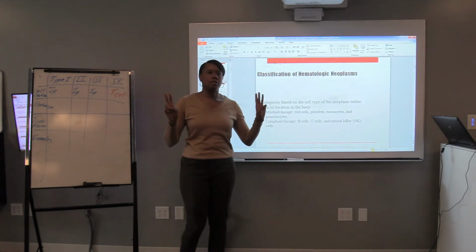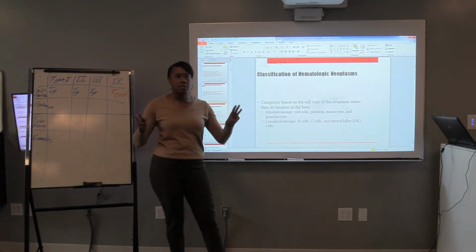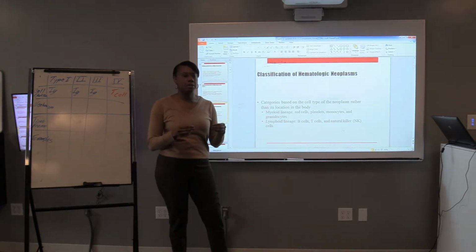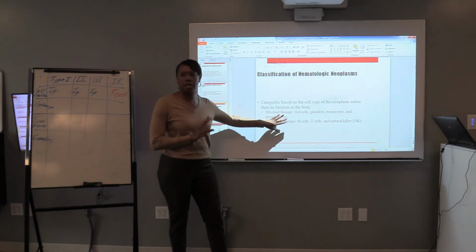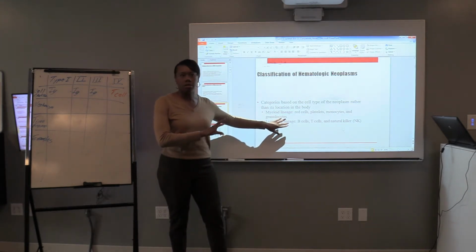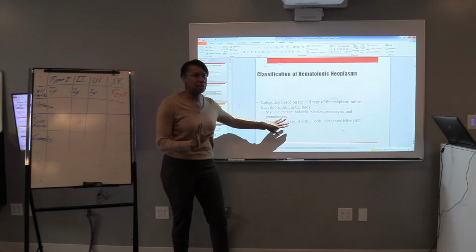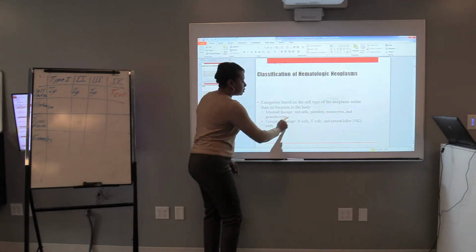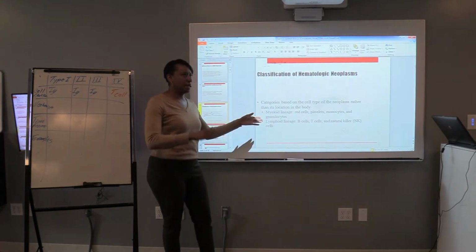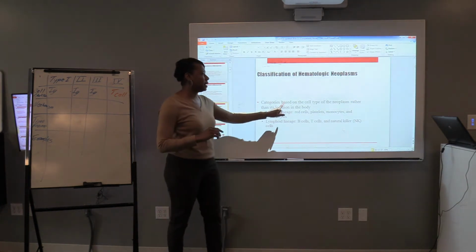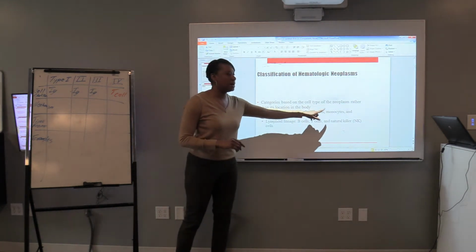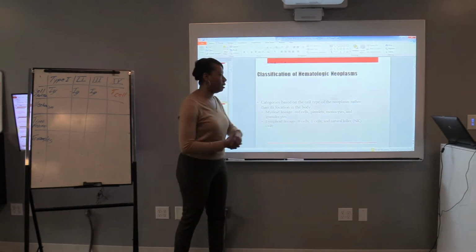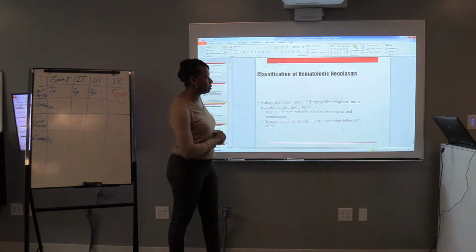The reason why it's important to know this information from anatomy is because when we classify leukemias, they do have a particular classification for whichever white blood cell is attacking. So the myeloid lineage, and this is also from anatomy, will give rise to red blood cells, platelets, and monocytes.